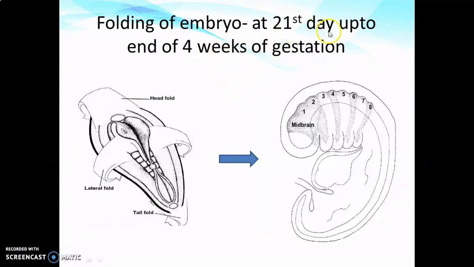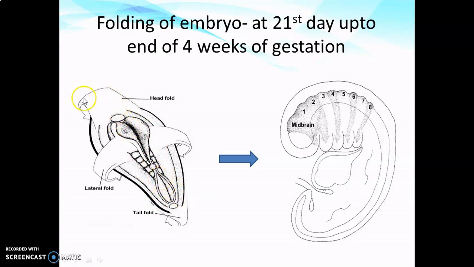So from end of third week to end of fourth week, that is from 21st day to end of fourth week of gestation, a very important change happens to the embryo. As you can see here, the embryo, head end, tail end, and the head tail axis, there is folding of the structure.